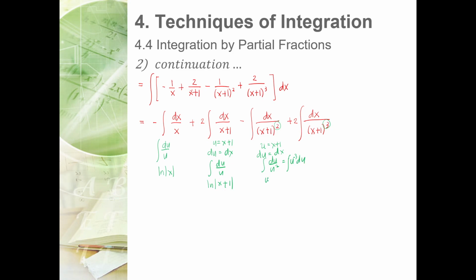So this would give us u to the negative 1 over negative 1. For the last term, still the same. Du is equal to dx, and then you're going to have it as u to the negative, this one is 2 also. Then this one should be 3. So u to the negative 3, and then du. So this would give you u to the negative 2 over negative 2.